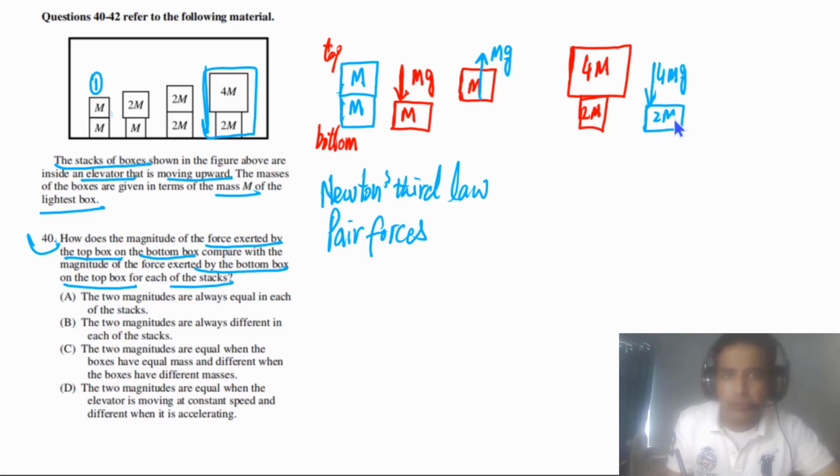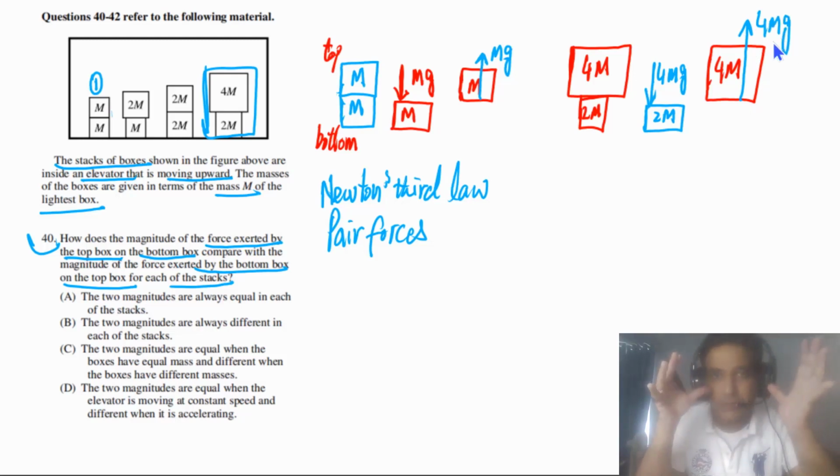And the force on the 4m box will be equal to 4mg as well, because these are action and reaction forces.